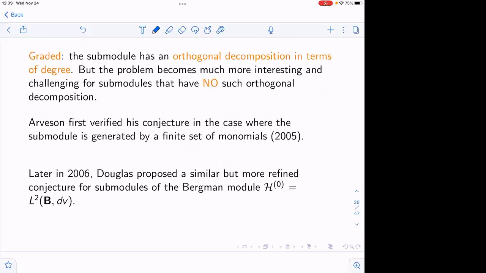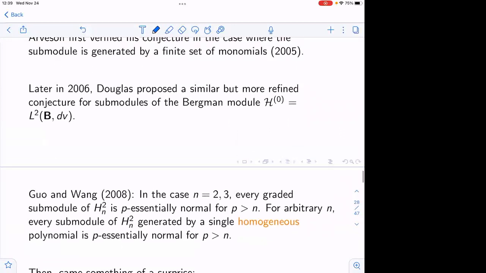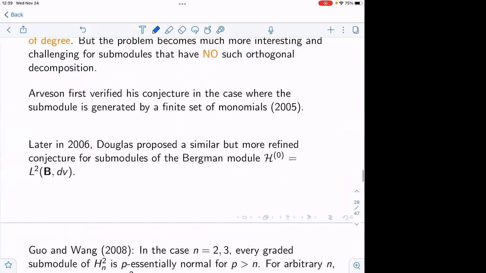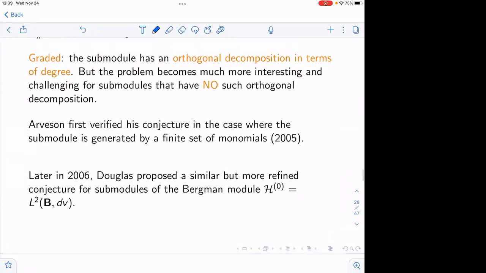Later, in 2006, Douglas proposed a similar but refined conjecture for the Bergman space. The refinement really lies, I guess, in the slides, where I didn't mention the quotient module.